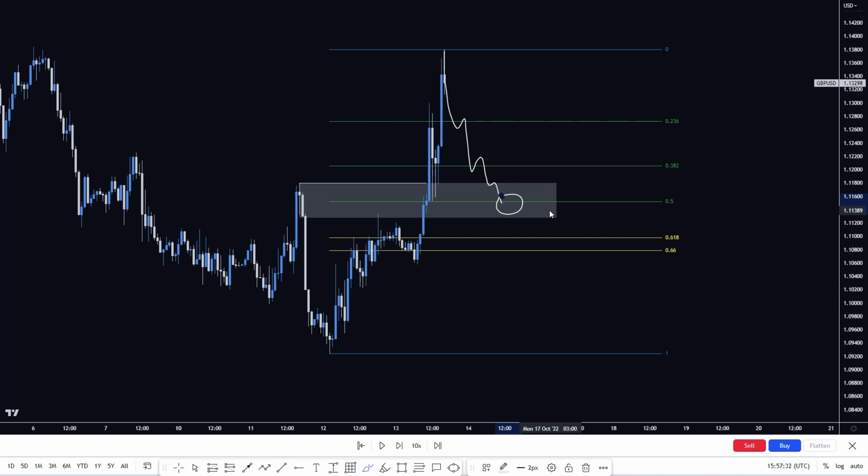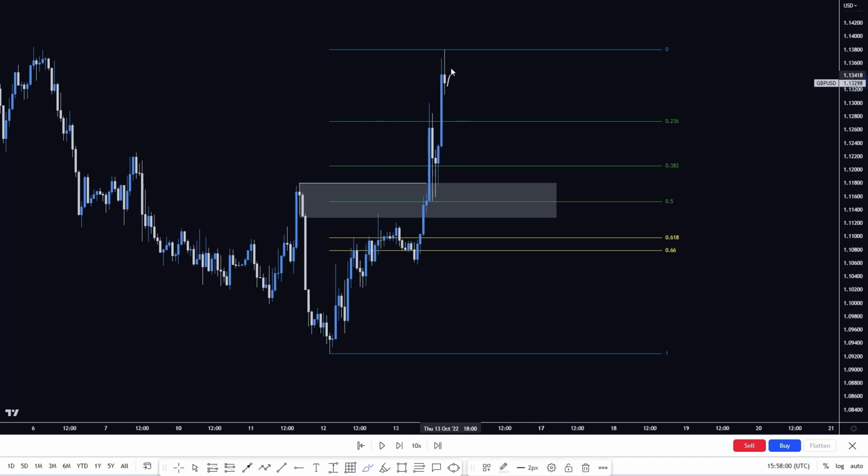Of course, you also want to add in additional things, like potential candlestick patterns, etc. The more confluence you have, the better your trade ideas are going to be. You don't want to be getting in with just one level of confluence. You want to have multiple things going in your favor before you take a trade in a particular direction. So now we've got the Fibonacci tool on, let's start to play price out and see the types of reactions that we get to each of these levels.